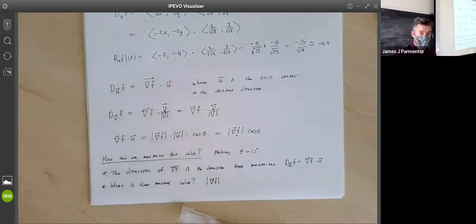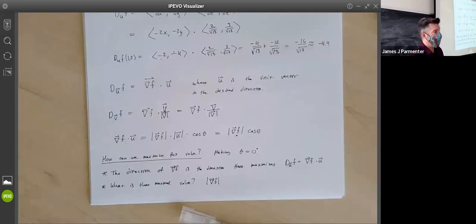So the gradient is a vector and it points in the direction of steepest increase. And the magnitude of the gradient is how steep that increase is. It is the steepest slope value that you get.